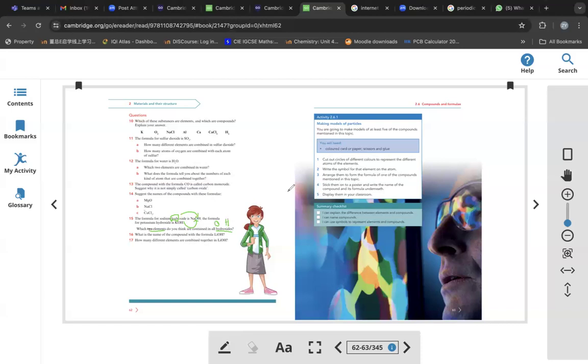Okay, so for lithium, oxygen, and hydrogen, yeah, but then the name of the compound, remember, if oxygen and hydrogen, what's the name it will become? Oh, um, what was it? Lithium hydroxide.